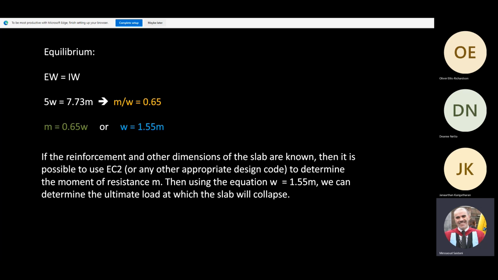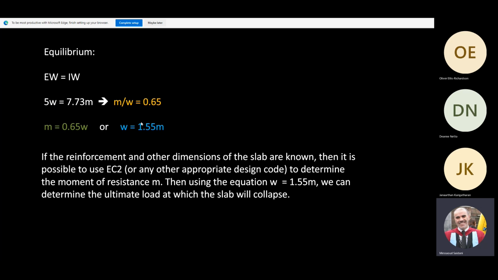The internal work is 7.73 times M. So this gives me a ratio of M over W, which is 5 over 7.73, which gives 0.65. Or you could have M equal to 0.65 W, or W equals 1/0.65 M, which is 1.55 M.